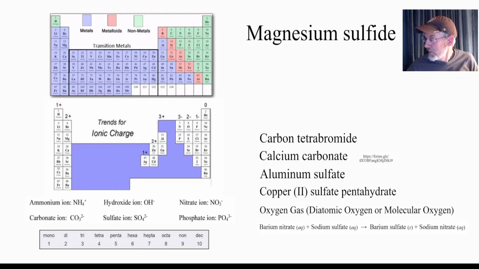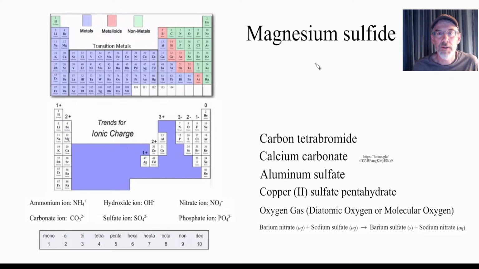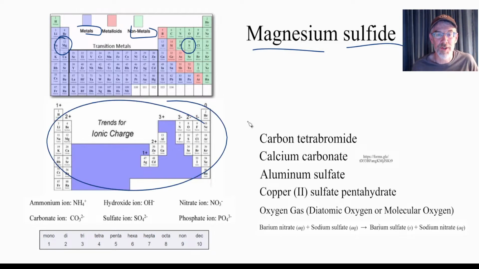All right. So magnesium sulfide here. The way we do this, if you've been watching the last few streams, is first we've got to decide, is it ionic or covalent? So magnesium, that's right here. Sulfide, that's from sulfur. Metal and a nonmetal. So when you have a metal and a nonmetal, it's ionic. You've got to worry about these charges here.